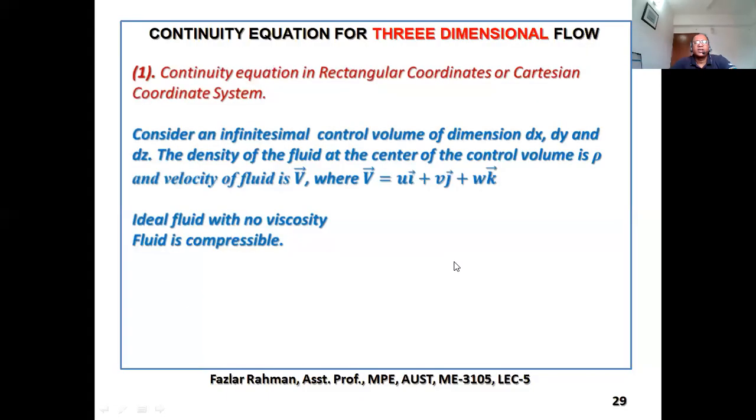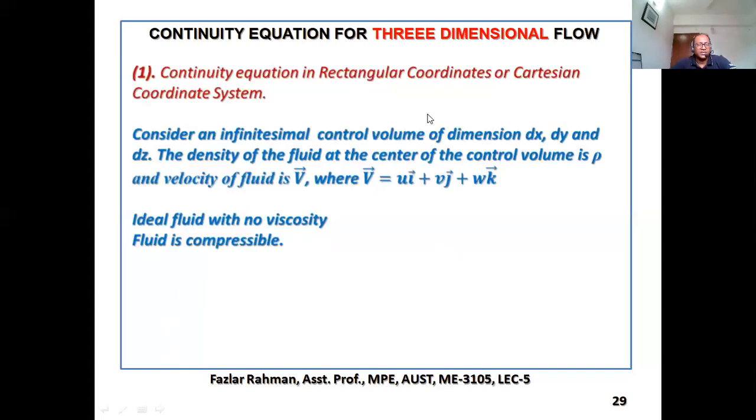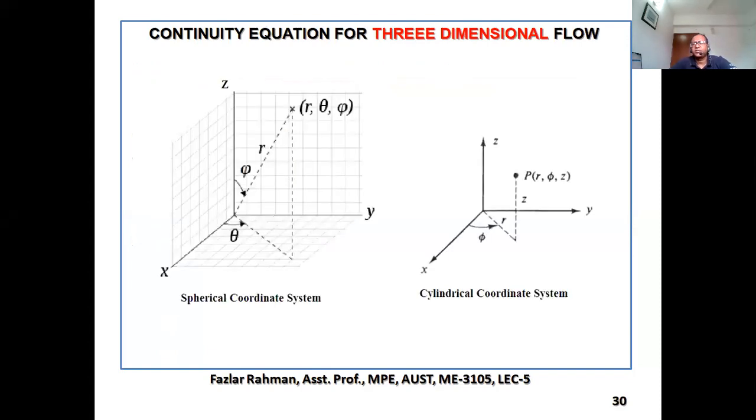Okay. Now, this continuity equation we derived in Cartesian coordinates, right? That means only x, y, and z coordinates. But this continuity equation can also be derived for a spherical coordinate system.